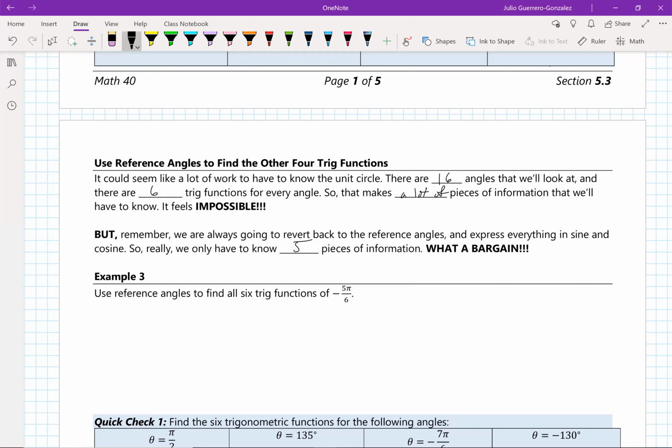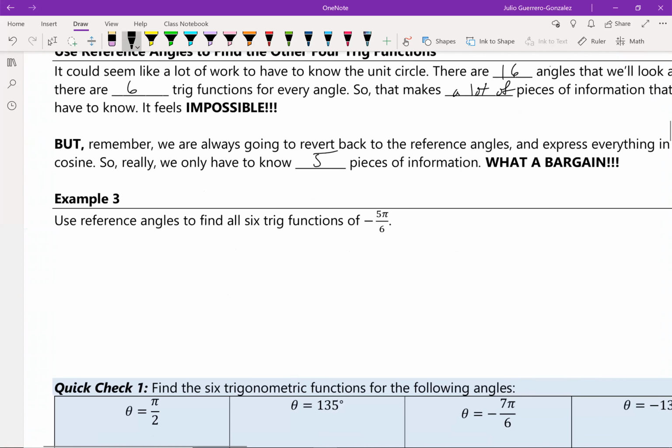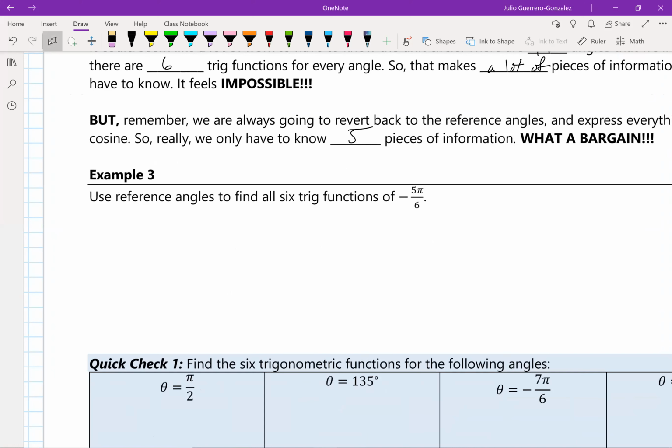So specifically, I'm going to use the reference angles to find the 6 trig functions of negative 5 pi over 6. I'm going to go ahead and draw this thing out here. I tried half a unit circle.